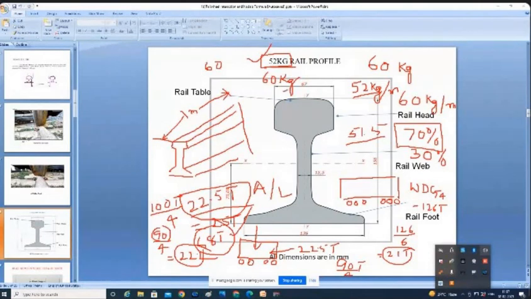That means this 52 kg rail track is not permitted to run 100 ton wagons. 100 ton means including the tare weight, tare weight plus around 73 ton something. If the total tonnage is carried on the same track, it will damage it. And one more issue is our bogies will also get a hot axle. One of the reasons for a hot axle is overloading by the commercial department. So these problems are there.